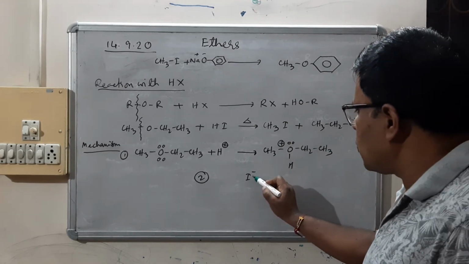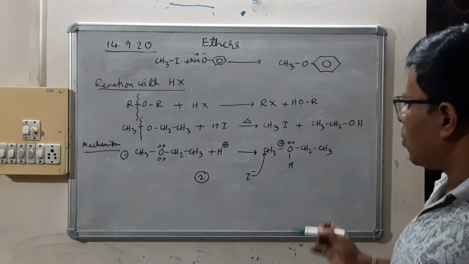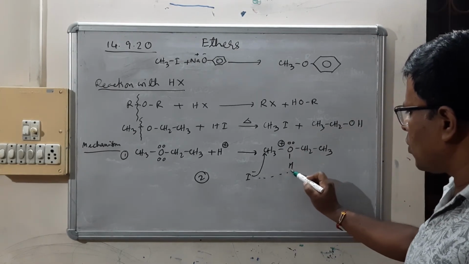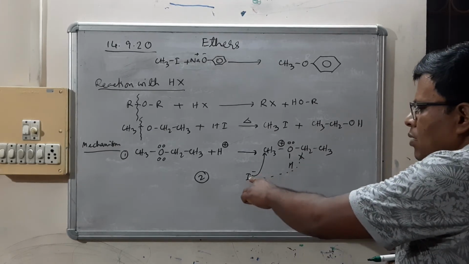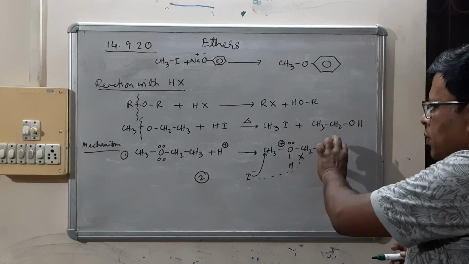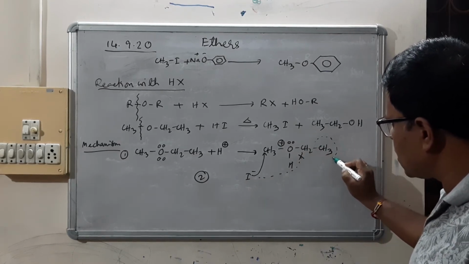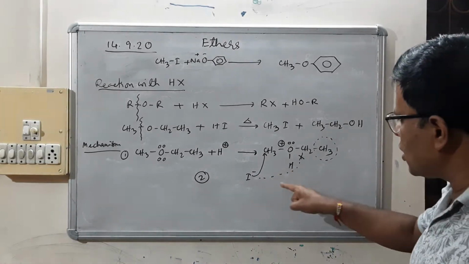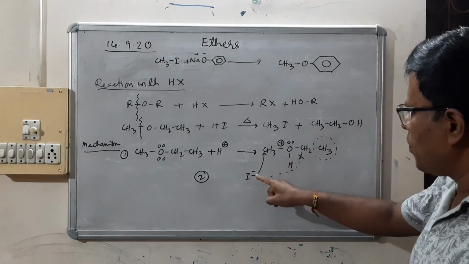Now I minus will prefer attacking here. Why not at this carbon? Because this I minus will experience steric hindrance because of this bulky group. So this I minus will not attack here, it will attack at the smaller alkyl group.